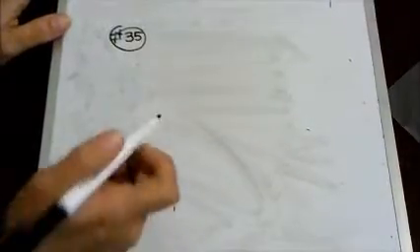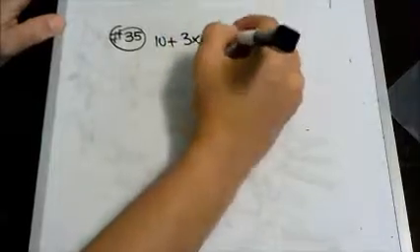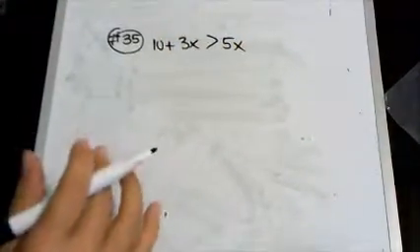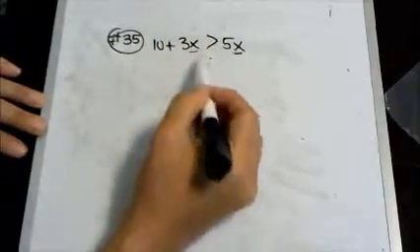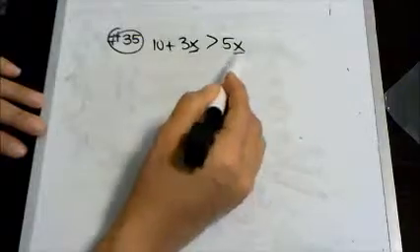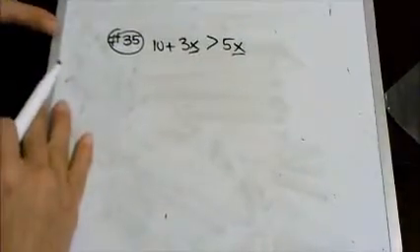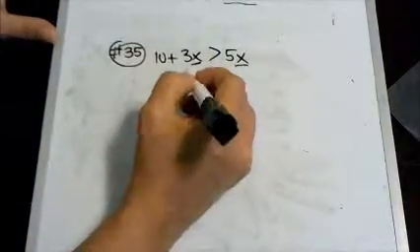Number 35. We have 10 plus 3x is greater than 5x. Now, what's the first thing we do? Remember, I told you, here's an x and here's an x. They're supposed to be together. They're a family. How do we do that? Move the smallest one over first. Smallest one is 3x.